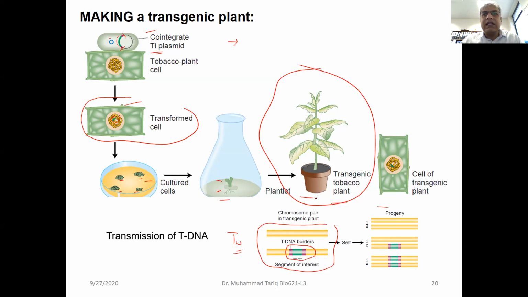So this is the T0. You cross them, and after selfing, 1/4 will show you homozygous, half will be heterozygous, and 1/4 will be wild type. And you go on and try to make your homozygous plants.